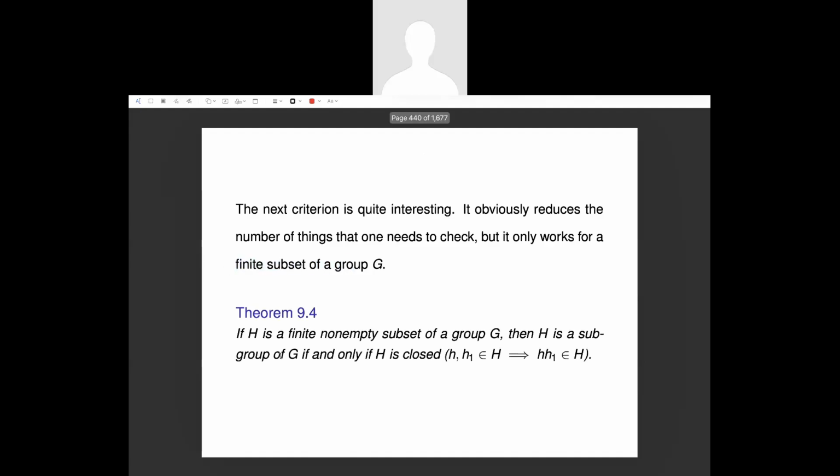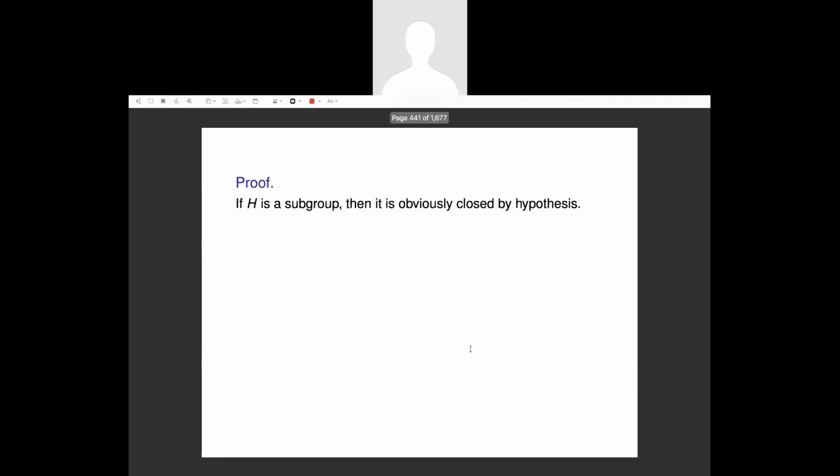If H is a finite non-empty subset of a group G, then H is a subgroup of G if and only if H is closed. So we only have to check if H is closed under the binary operation, then we can say that this set is clearly a subgroup of G.